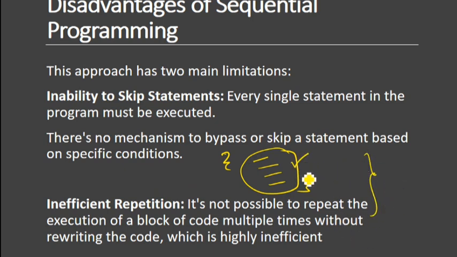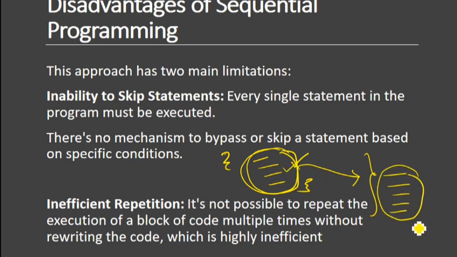It is not possible to repeat it, hence I need to rewrite the same code multiple times wherever needed in the program. I cannot repeat the instructions wherever I need throughout the program. If I want to use the same program again, I have to rewrite it.